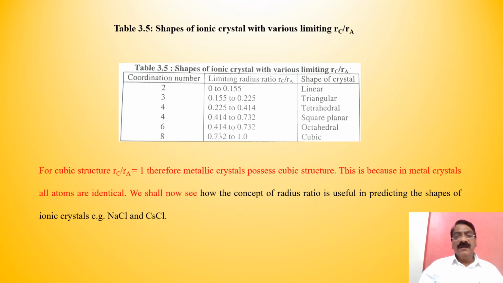We have now seen how the concept of radius ratio is useful in predicting the shapes of the ionic crystals. For example, sodium chloride and cesium chloride, NaCl and CsCl.